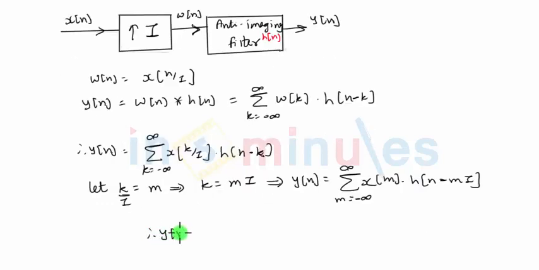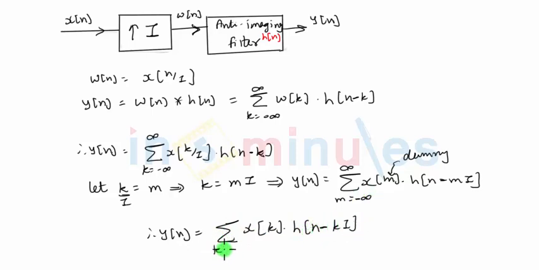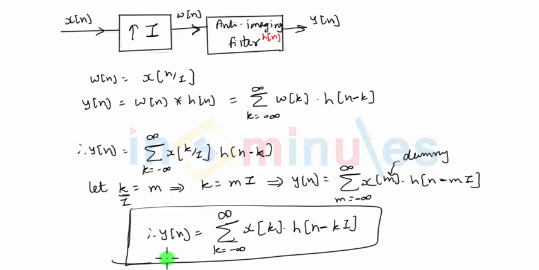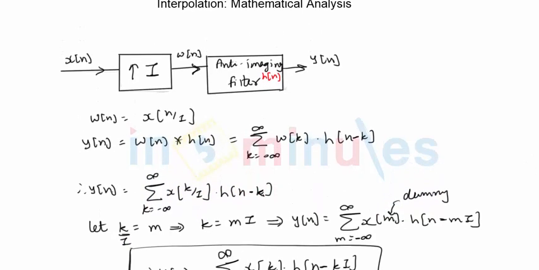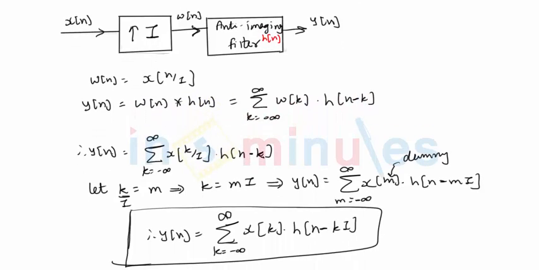Finally, if I want, I can go back to the original variable k, because m is nothing but a dummy variable inside the summation. So I can write it as x of k into h of n minus k I, with k equal to minus infinity to plus infinity. So this is what we get. This is the final expression of y of n, which will be the output of the anti-imaging filter.